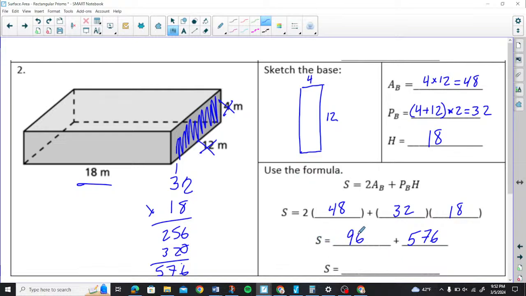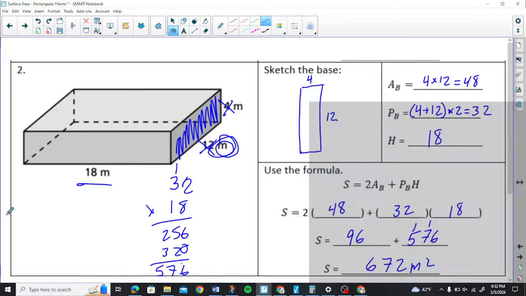And then we're going to add 96 with 576. 6 plus 6 is 12, carry the 1. That would be 10, 17, carry the 1, and so that'd be 672. The unit I'm using is meters, so that's meters squared. So this is how we solve for the surface area of a rectangular prism.